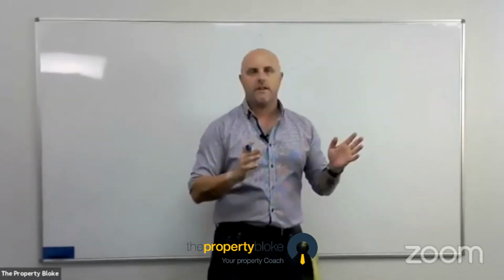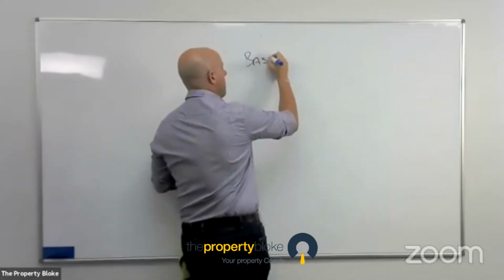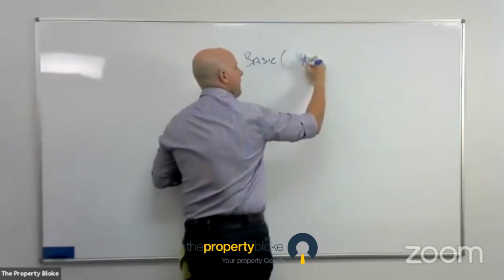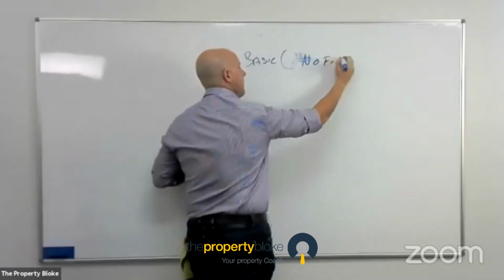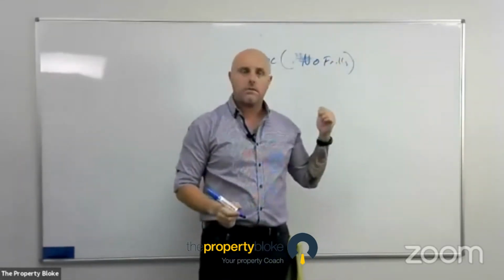Now, as an investor, there's two main products. Just take fixed out of it for now, but the two main products is what we call a basic loan, or in the old days, makes me feel old, we used to call it a no frills. So a basic loan is variable, it's not fixed.